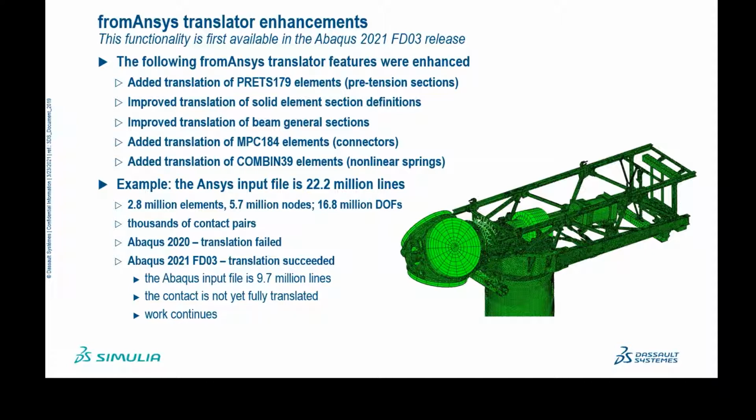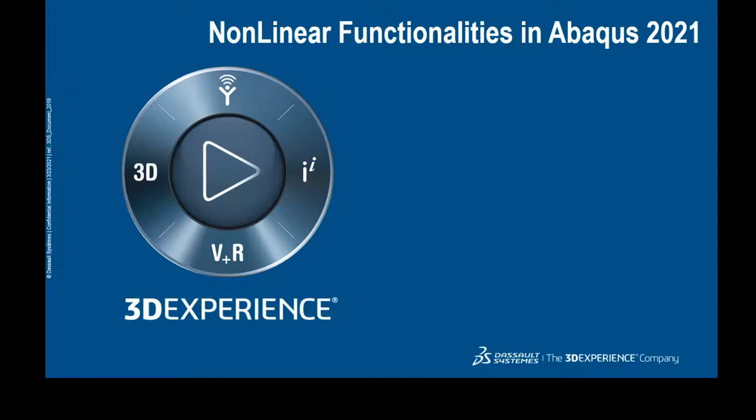Abaqus 2020 translation, pardon, simply failed, but Abaqus 2021 translation succeeded, and the Abaqus input file was reduced to 9.7 million lines instead of 22.2 million lines for the Ansys input file, and the work still continues.